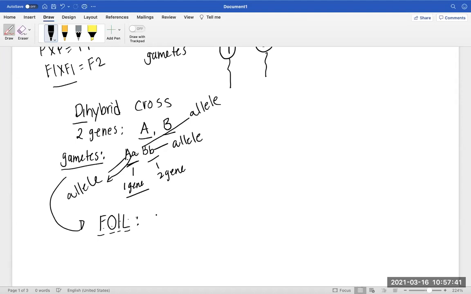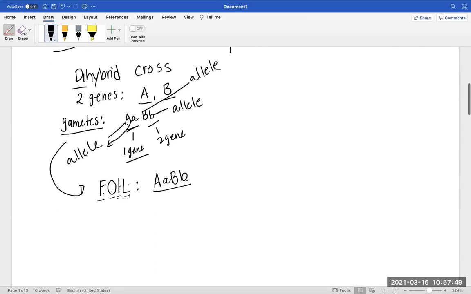So these are our genes. I'm gonna write that again. So we're gonna apply this FOIL method to this. To get the gametes, this is going to give us the gametes. So first, we're going to do the first letters, big A, big B. Those are the first ones. What are the outer?